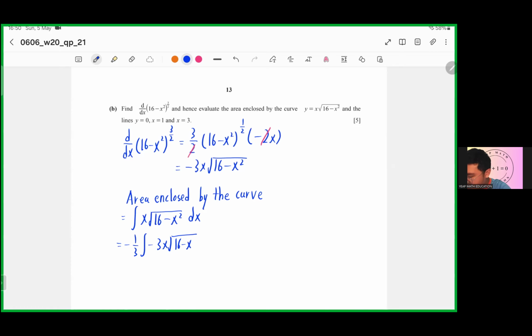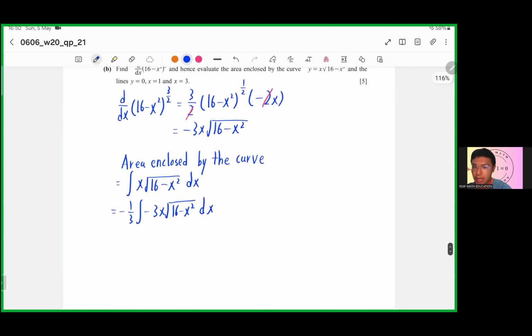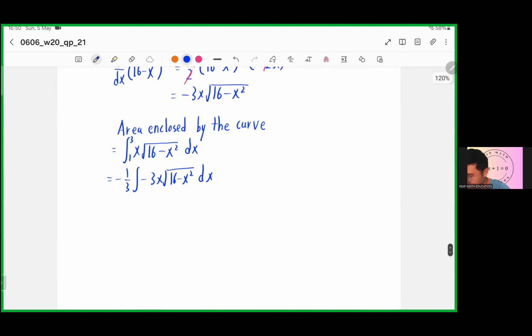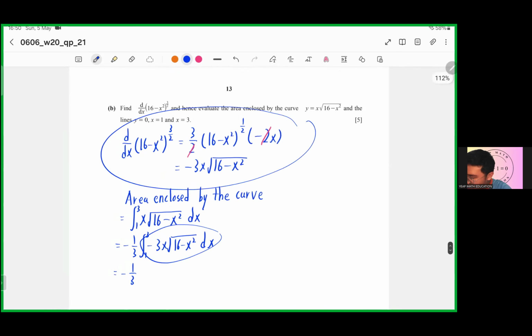Okay, I forgot to put the upper and lower limits. So what do we need to put? Actually we can put 3 and 1. Negative 1 over 3.